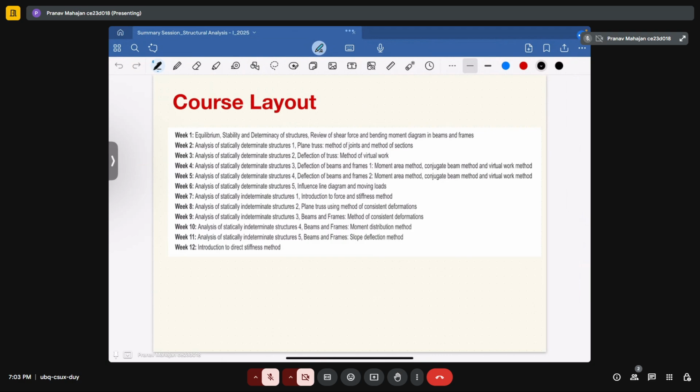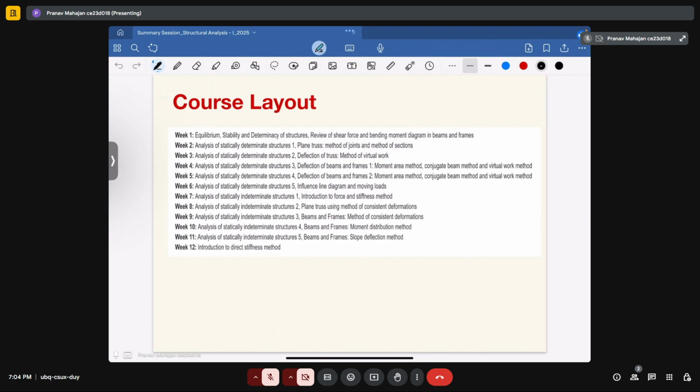For this, we have three fundamental structures: truss, beam, and frames. The general difference we observe between a beam and a truss is that a truss doesn't have any bending moment in the member, whereas a beam can have shear force as well as bending moment along the length of the member.